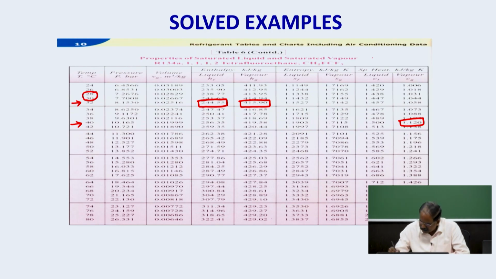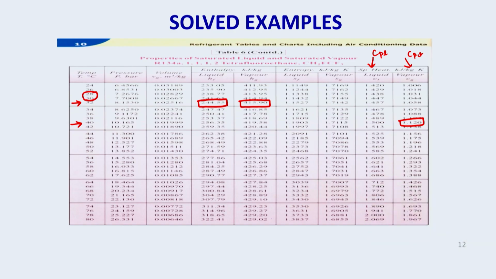So this is Cp of liquid. And the last one is Cp of vapor. So we have to take the average of these two, like how we took for the problem which involves only subcooling.